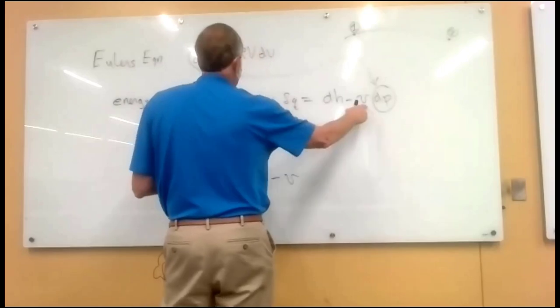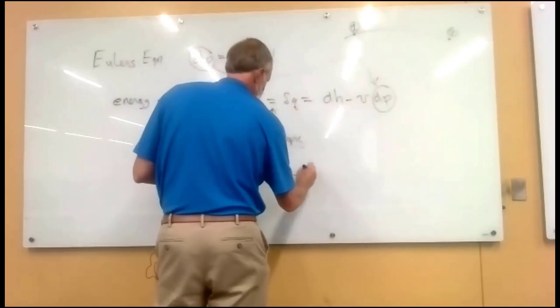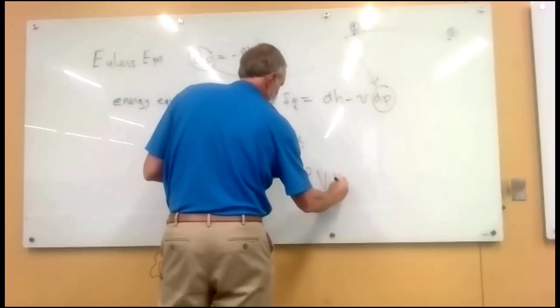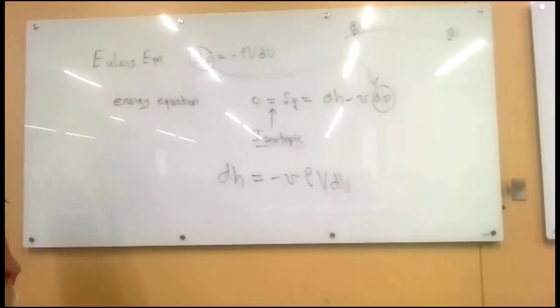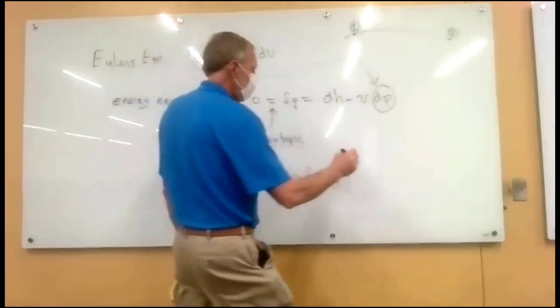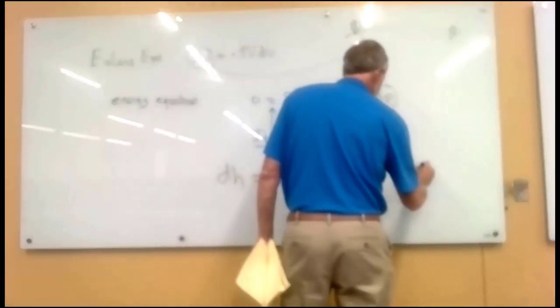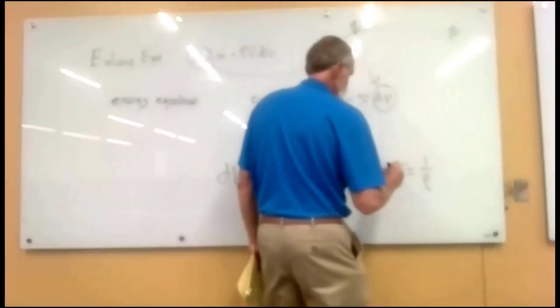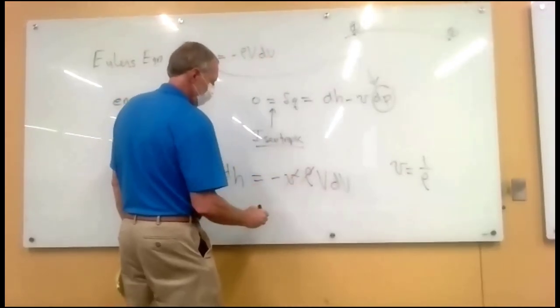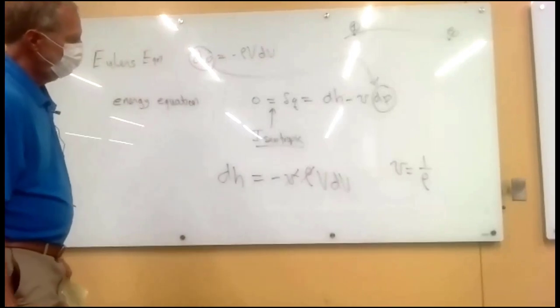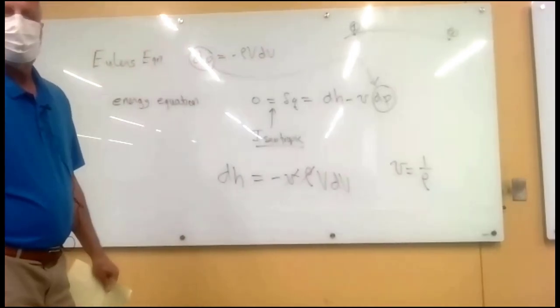So we get minus V, rho, capital V for velocity, dV. And this turns out really nice because remember, specific volume is the inverse of density, so these two cancel out. And that gives us exactly what we want.